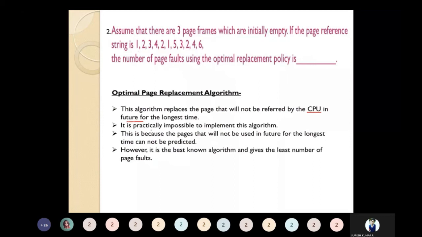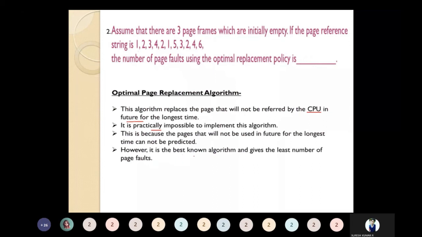But it is practically impossible to implement this algorithm, because the future pages are not known at the initial stage; the reference string does not come in any known order. We cannot predict which will come next and which third. That's why it is practically impossible.